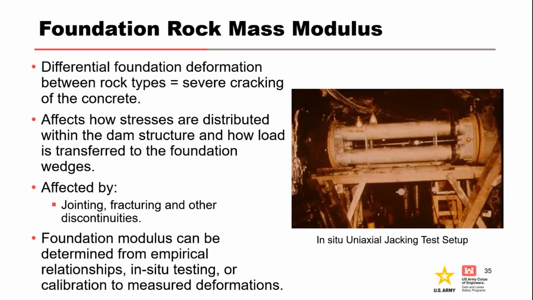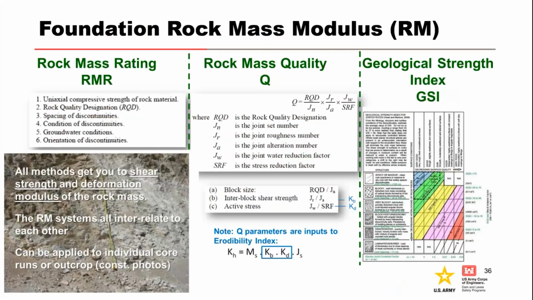So the foundation modulus is affected by the fracturing of the rock. The most direct way to estimate the foundation rock mass modulus is to measure it under large-scale jacking tests, but this is not done commonly in the US. But the modulus can also be determined by empirical relationships.